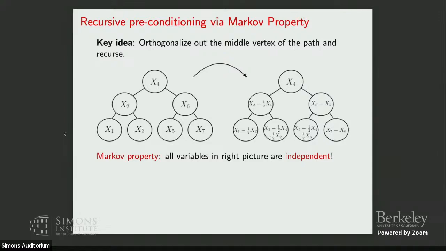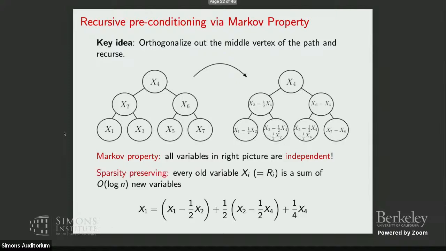The other thing to check is, are we preserving sparsity? What do you think? The sparsity is also fine because it depends on the depth of the tree. Because you can write each of the old variables as something along a path in this binary tree, you can do it with exactly log n loss in sparsity.